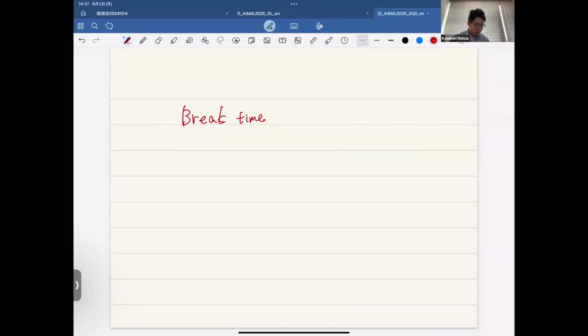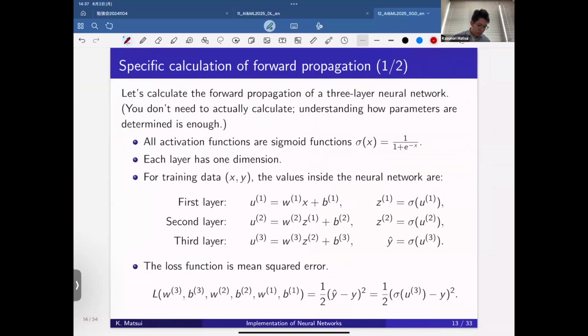Okay, let's restart. Let's see how the numbers are determined through specific calculations. Actually, we rarely calculate by hand. We let the computer do it. But let's try calculating to see how the numbers are determined.